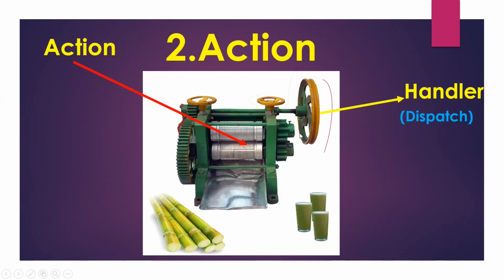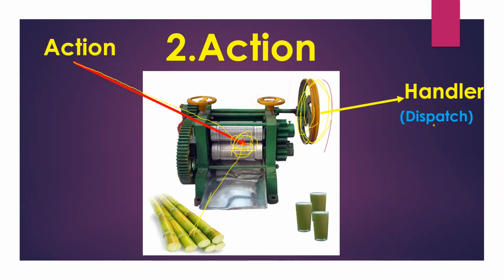Now we are going to talk about the dispatcher. We are going to perform this action, our goal is to extract the juice from this stick. But how can this be done, how is it possible? There should be a handler. That means when this wheel is rotated, that time the action will be performed. Means the action directly cannot be performed, there should be some handler.